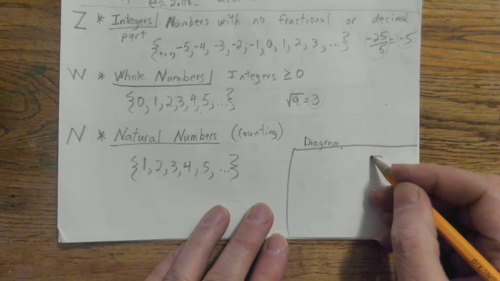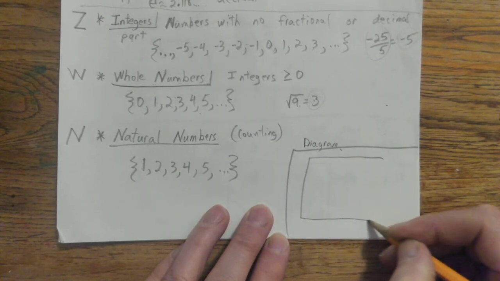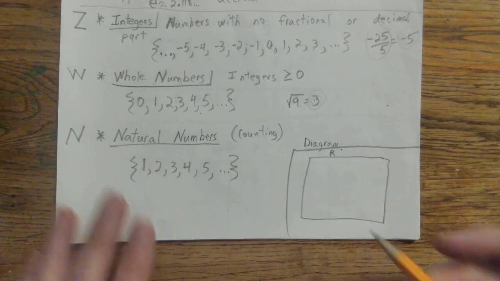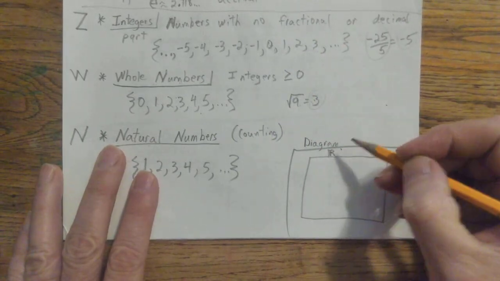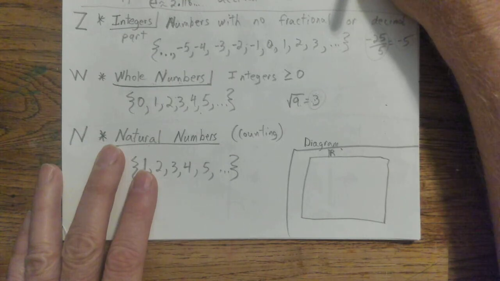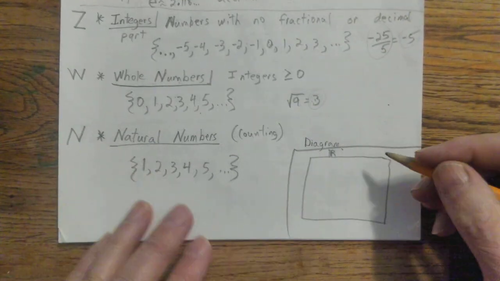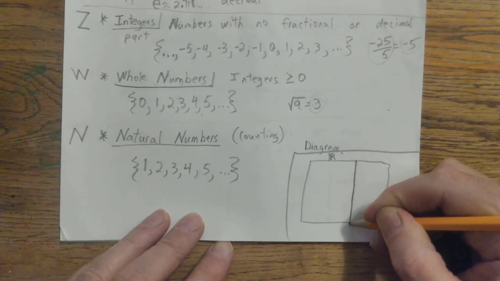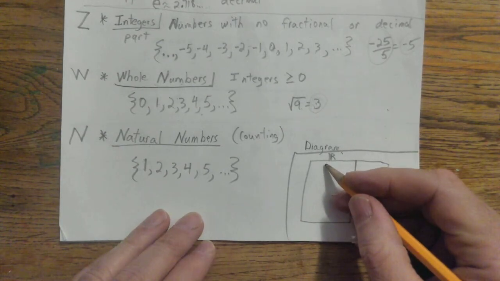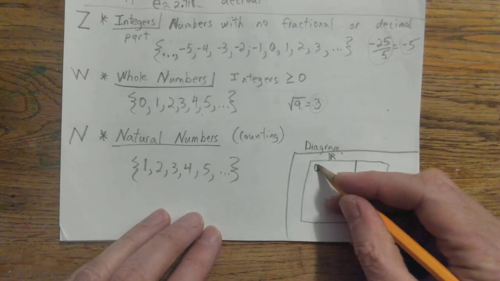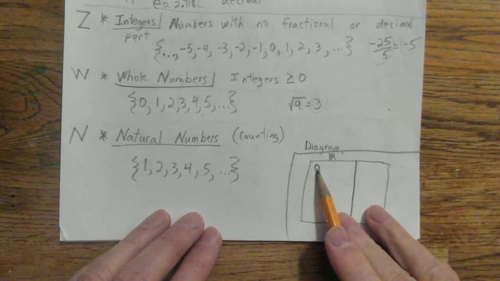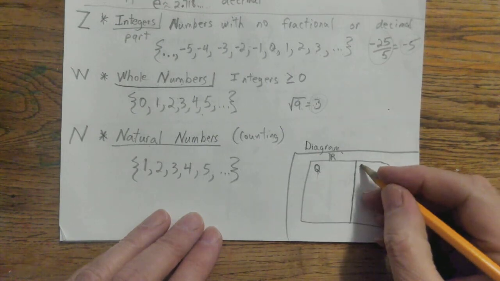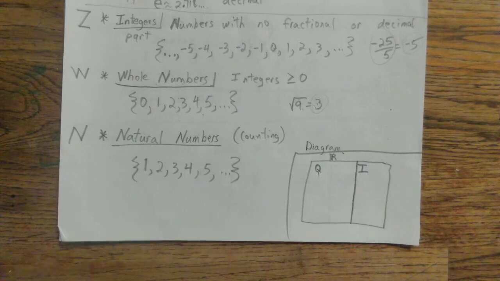Okay? So I was about to make this diagram to organize. Let's say my big box right here that I'm making inside the diagram is the set of real numbers. I'll just use the fancy letter R. That is the set of real numbers. Now, inside the real numbers, you're either a rational number or an irrational number.